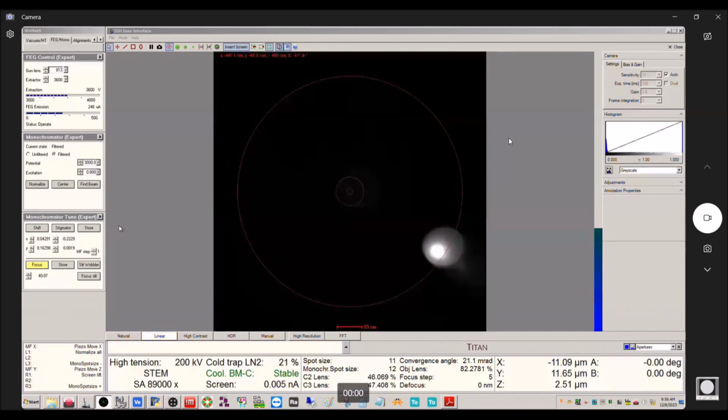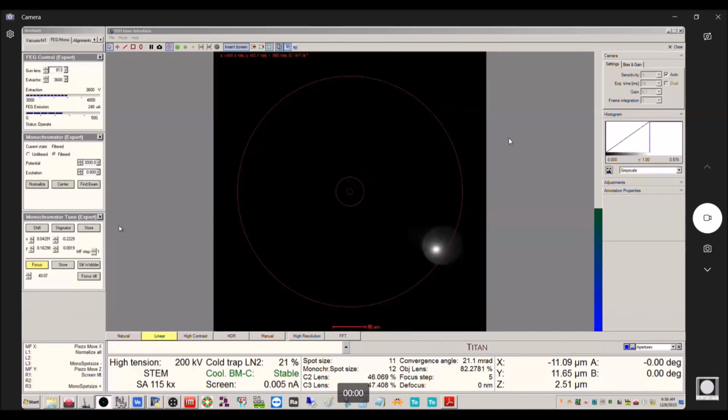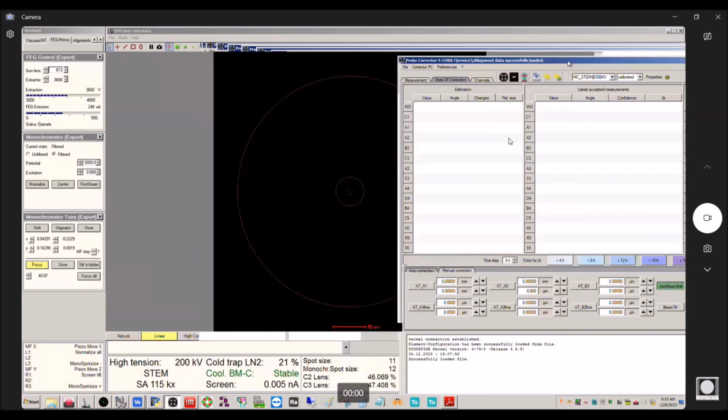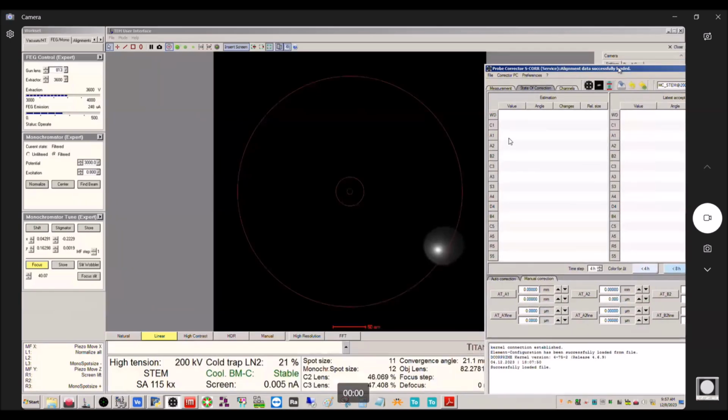Okay, and there is our beam. Once again, we're going to use S-core here to work with this.